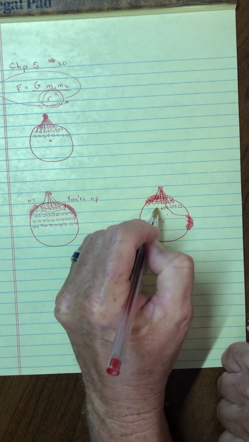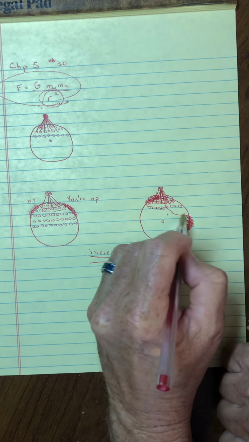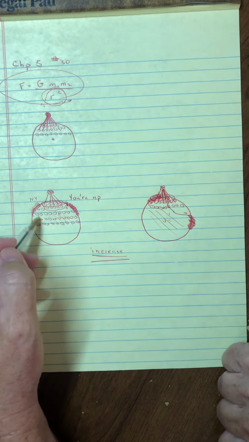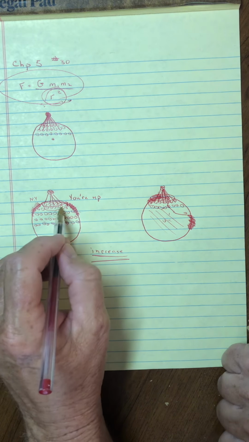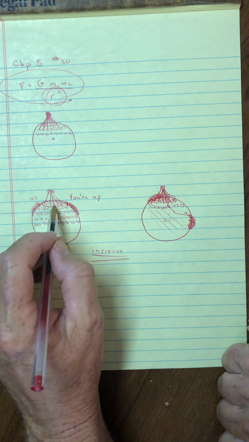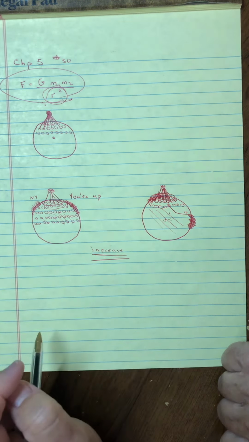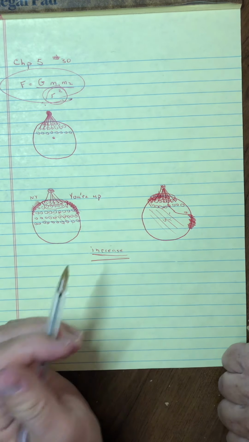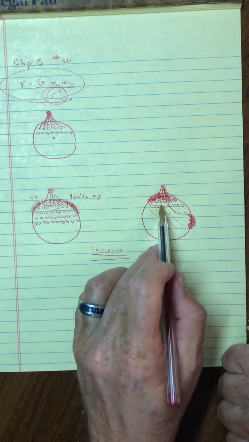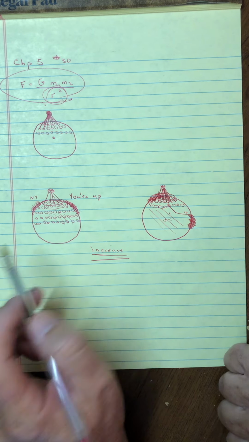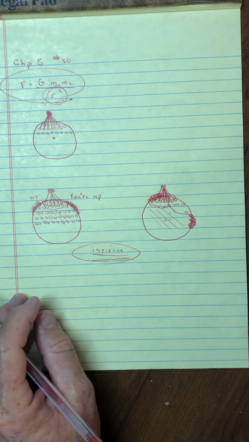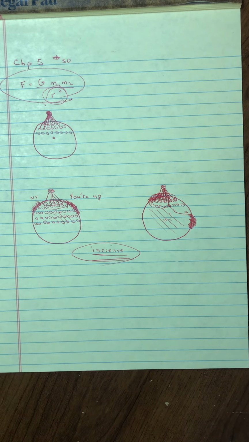Most of the Earth is still the same. All of this is the same tug as all of this. It's only the stuff that is the depth of the ocean that would change. Each basketball size would change by a big percentage, but the number of basketballs within the ocean is small compared to the whole Earth. So you would have a small increase. That's the bottom line here. That's what they're after in that one. Hope that helped.